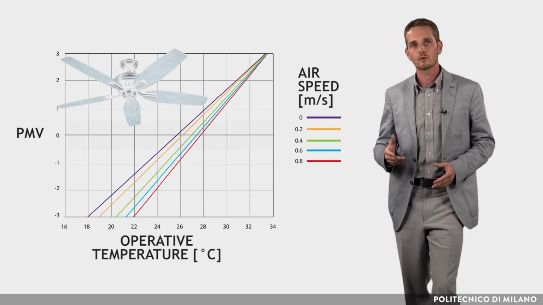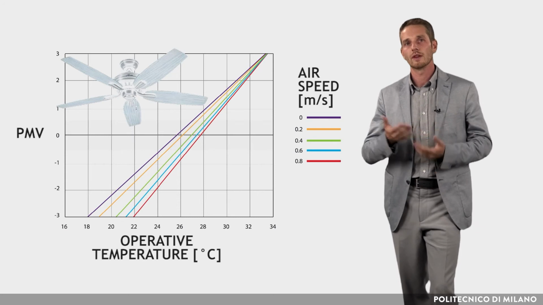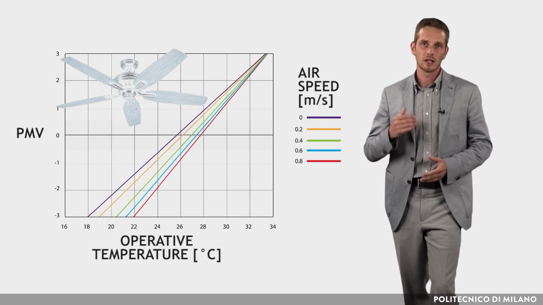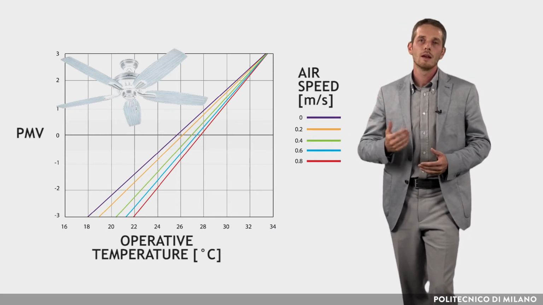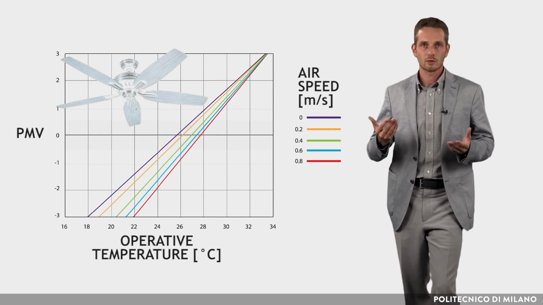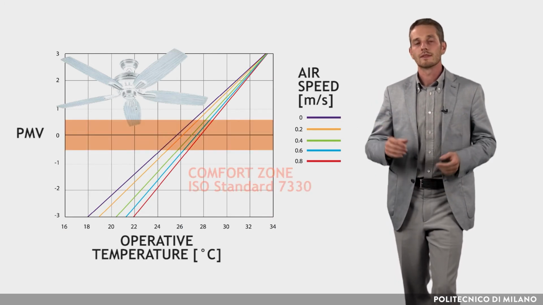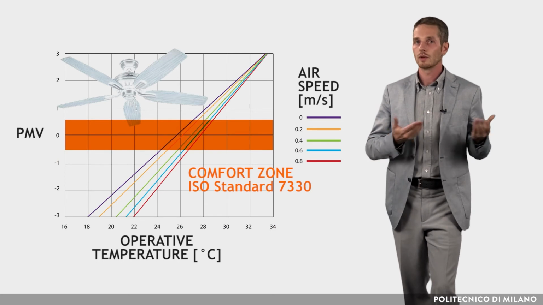In these cases, or in spaces with no air conditioning and where air movement is not sufficient, a ceiling fan can be used. It is also useful when used in conjunction with air conditioning, because the increase in air velocity means that the air temperature can be increased with the same comfort level but lower energy consumption.